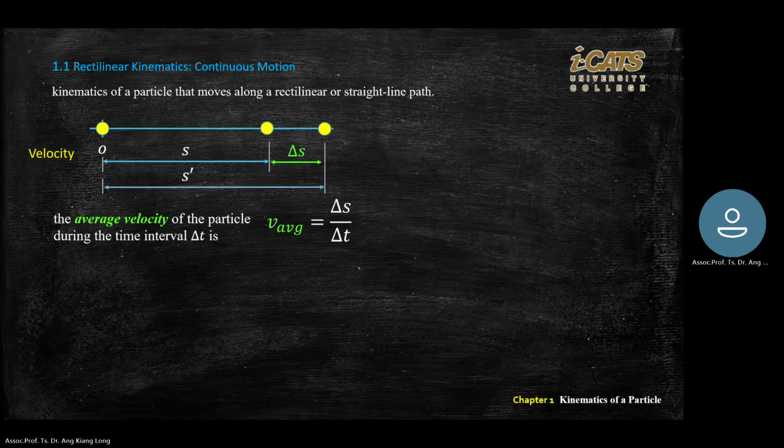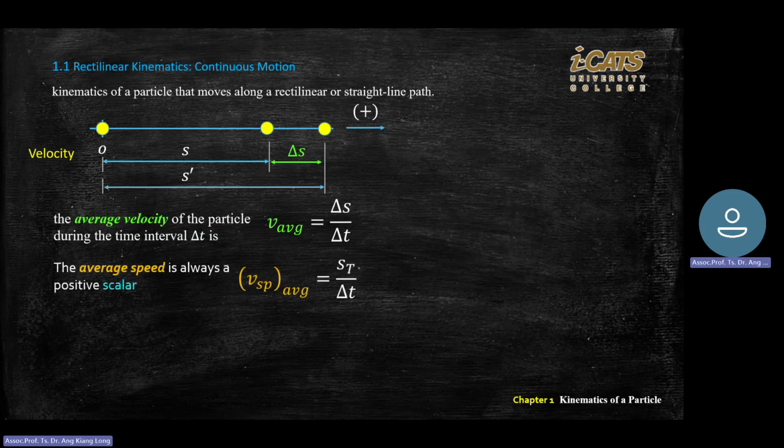Now velocity. This just tells you that average speed is not velocity. Average speed is a scalar, where you take the total distance divided by the change of time. Average velocity is what? This starts to confuse already.